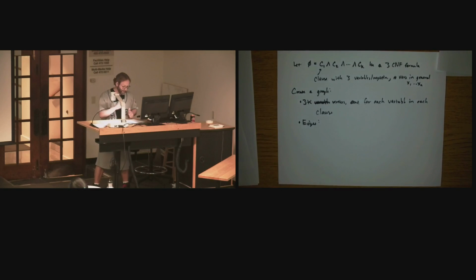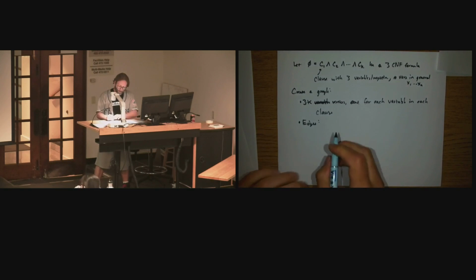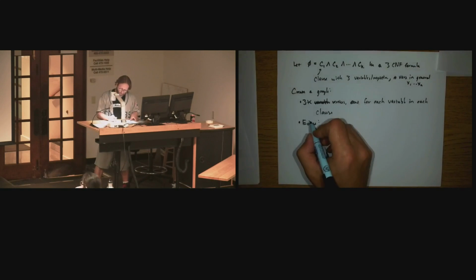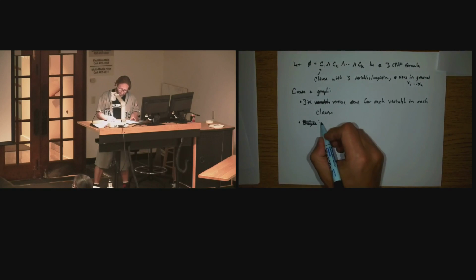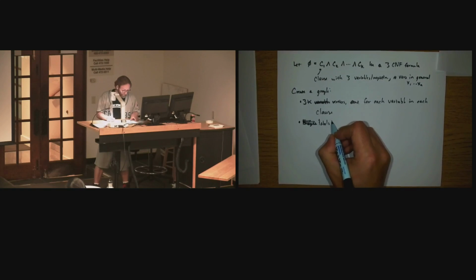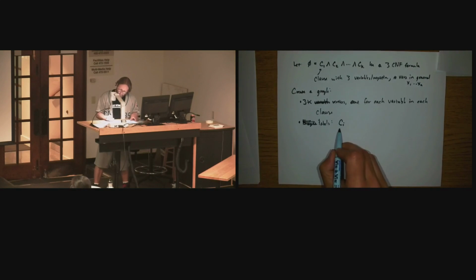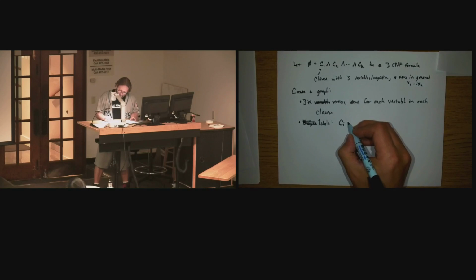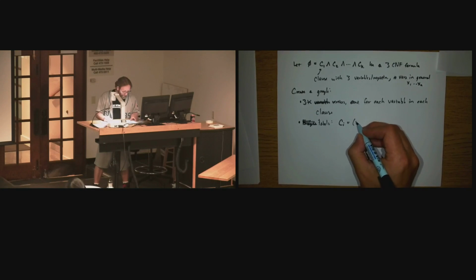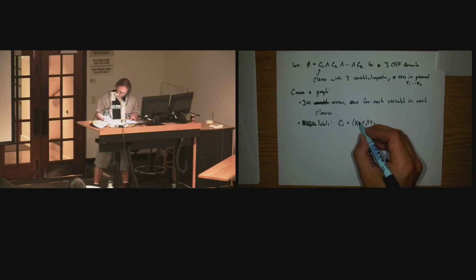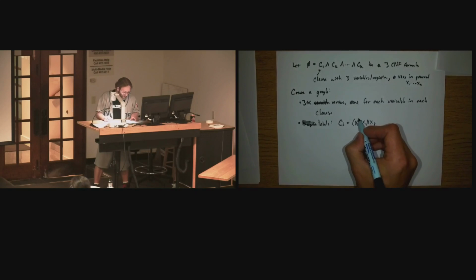Edges will be drawn as follows. Sorry, let me give you labels for the vertices first. For a clause Ci, let's say that it is x1 or x2 or x3.